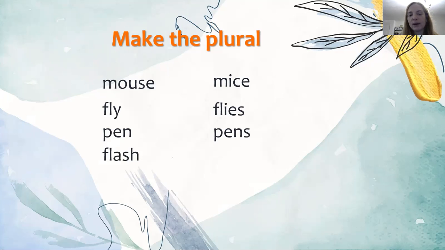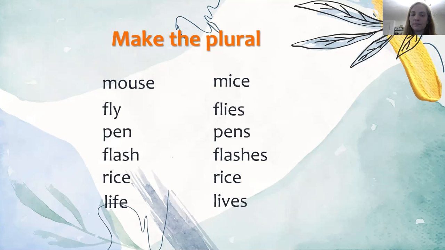So remember, we have to add an ES because of that SH. Rice will stay rice, like corn and wheat. Life becomes lives. Why? Because it ends in an FE. So to make it plural, we make it VES.